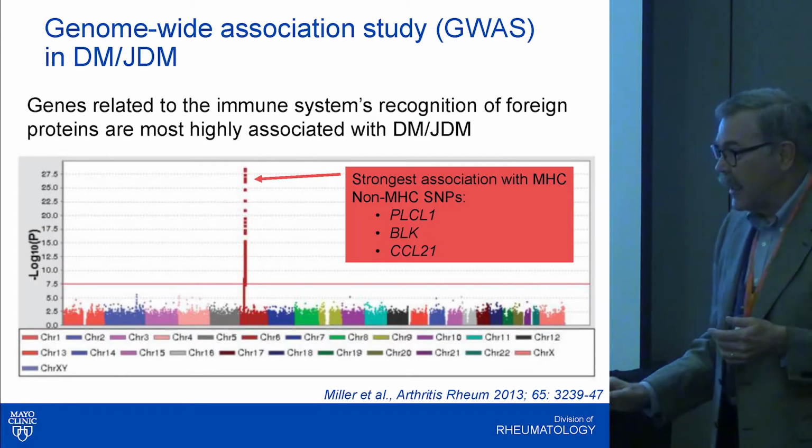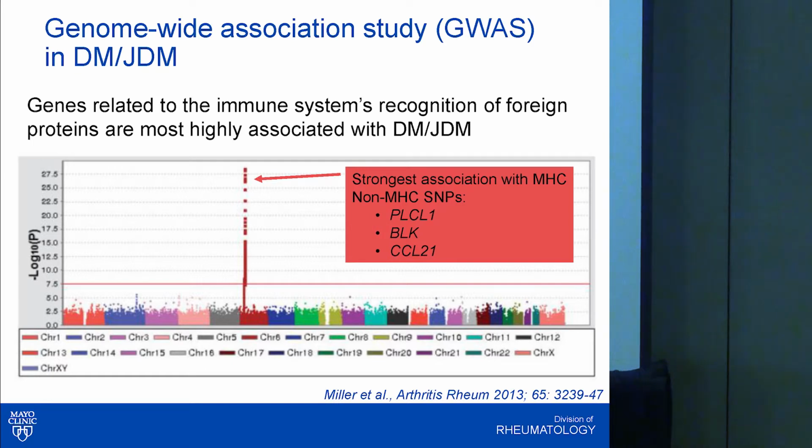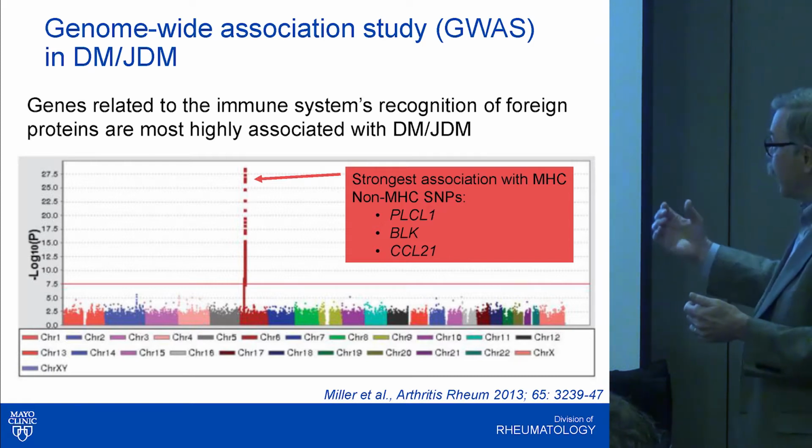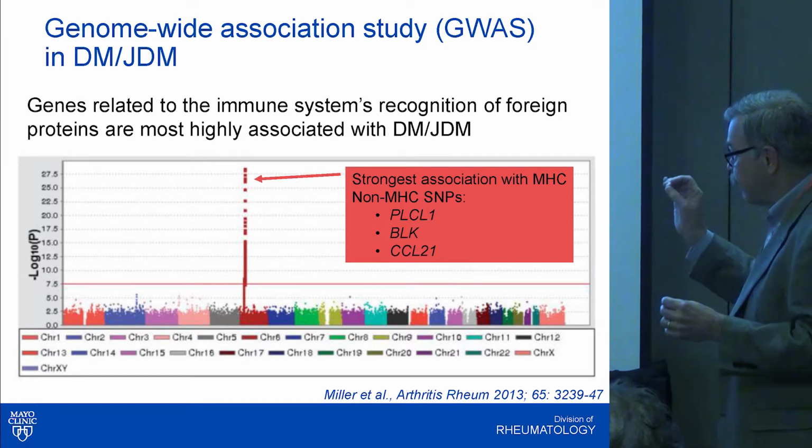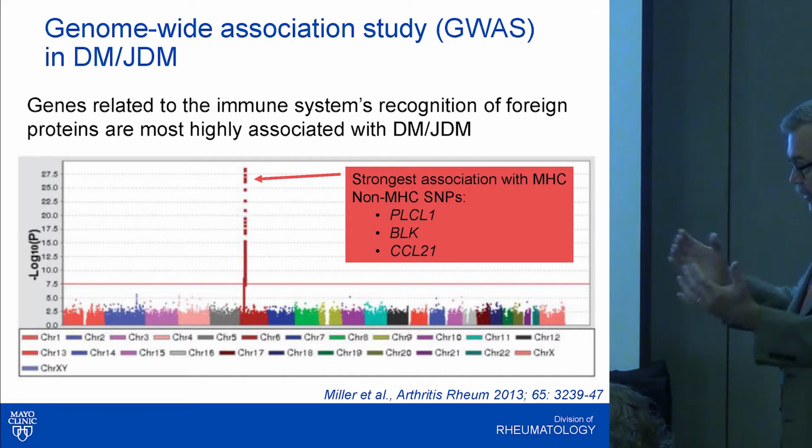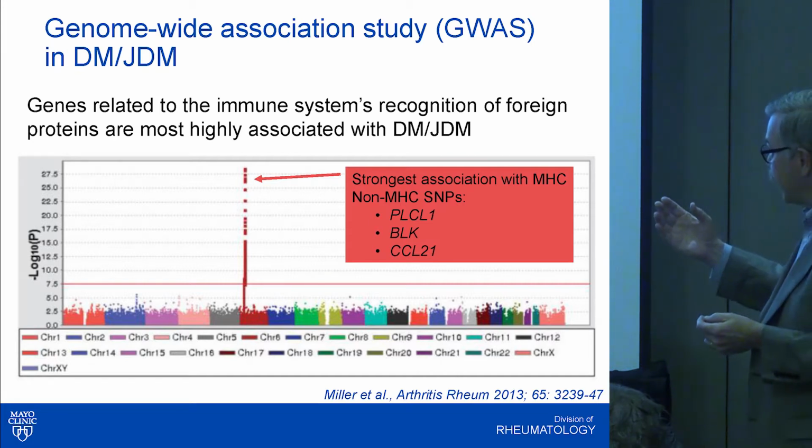So on the genetic side, I'll just show you some technical things. So these are genome-wide association studies. In these types of studies, researchers take DNA from large groups of patients with disease and large groups of people without disease that are matched. And this looks for thousands of genetic variations at individual sites.